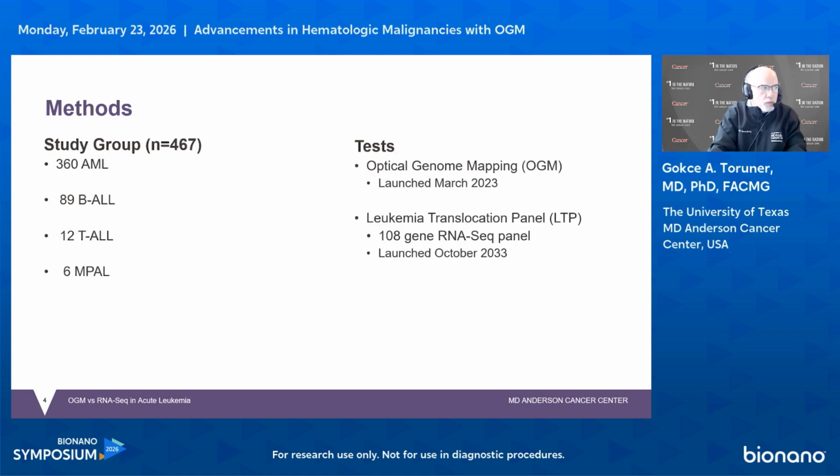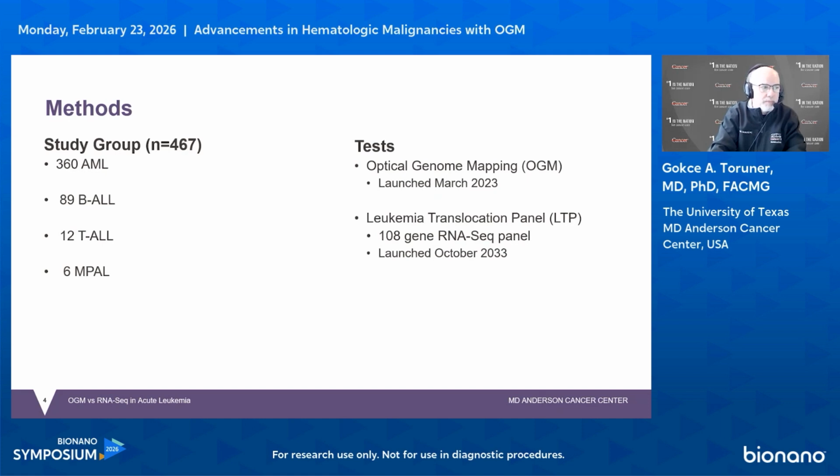So our study group consists of 467 acute leukemia. And the sample mix is AML, BALL, TALL, and MPL. It reflects what's being seen in our cancer center. And I think based on the prevalence of these diseases, this cohort is representative for all acute leukemias in terms of the frequency.